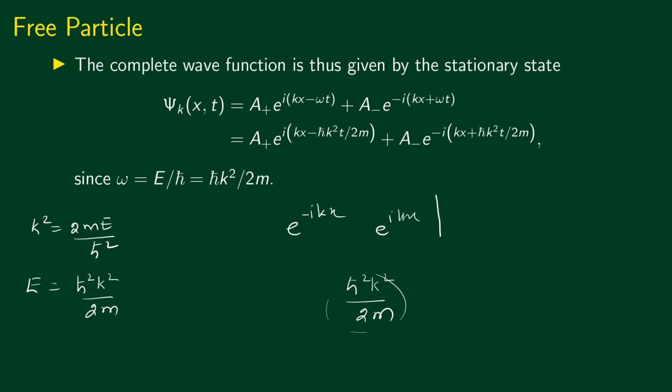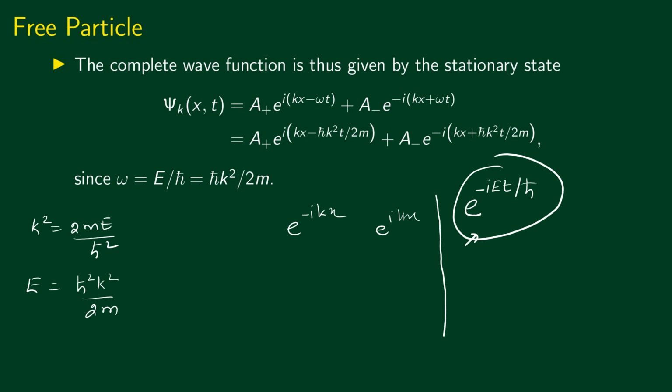Now, if we have an energy eigenfunction, its time dependence is quite simple. The time dependence of an energy eigenfunction goes like exponential minus iEt by h bar. So if you have an energy eigenfunction, the time dependence is given by simply multiplying the energy eigenfunction with exponential minus iEt by h bar. This we have seen several times. Now if you want to include the time dependence in our solution, for example, if you have e raised to ikx, the time dependence can be introduced by multiplying this with exponential minus iEt by h bar.